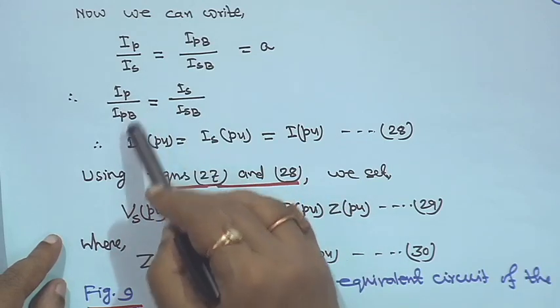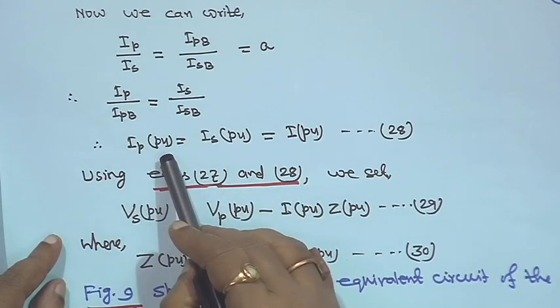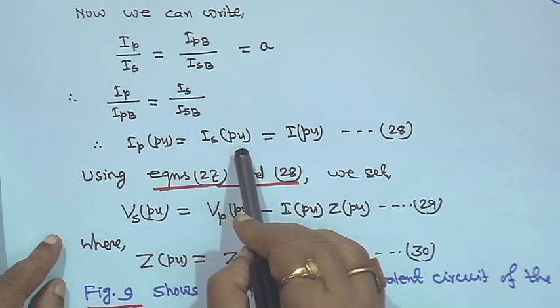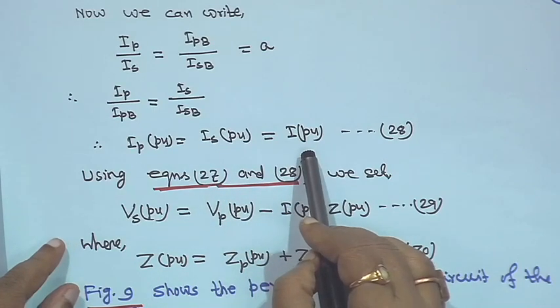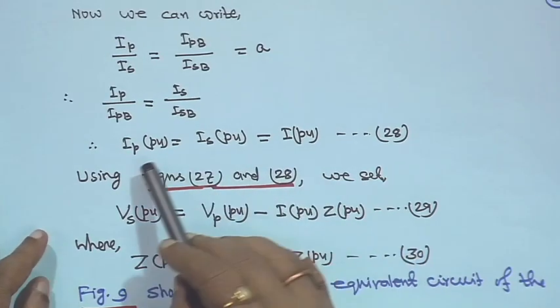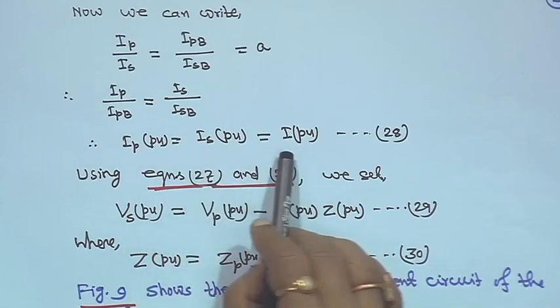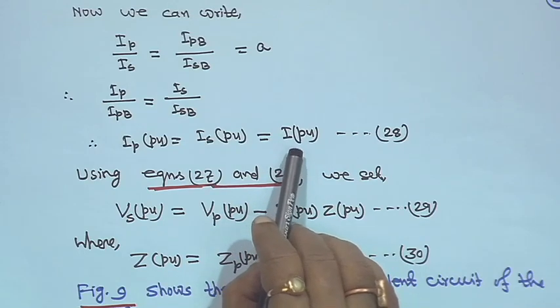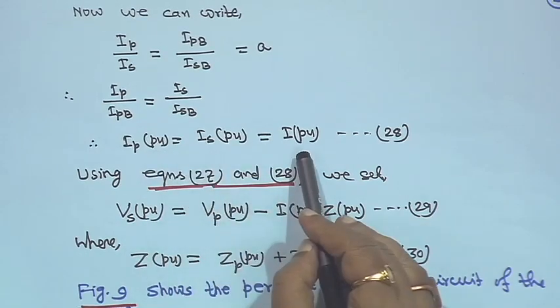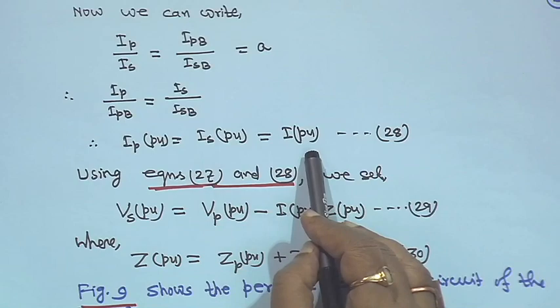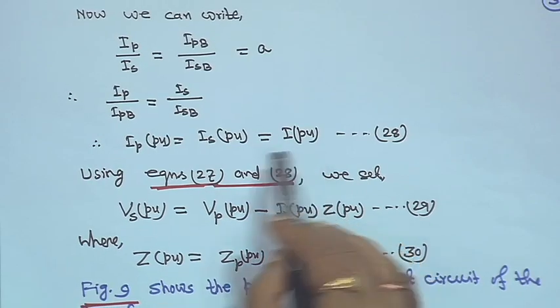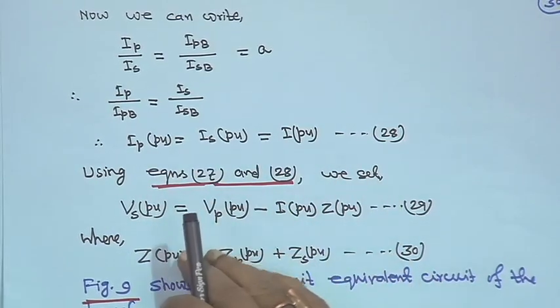Primary side Ip upon Ipb is Ip per unit, which is equal to secondary side Is per unit, and we assume a single value I per unit. That means in per unit, the primary side and secondary side currents are the same for the transformer. Instead of P or S we will simply write I per unit, the per unit current, because the per unit current on the primary and secondary side are both the same.